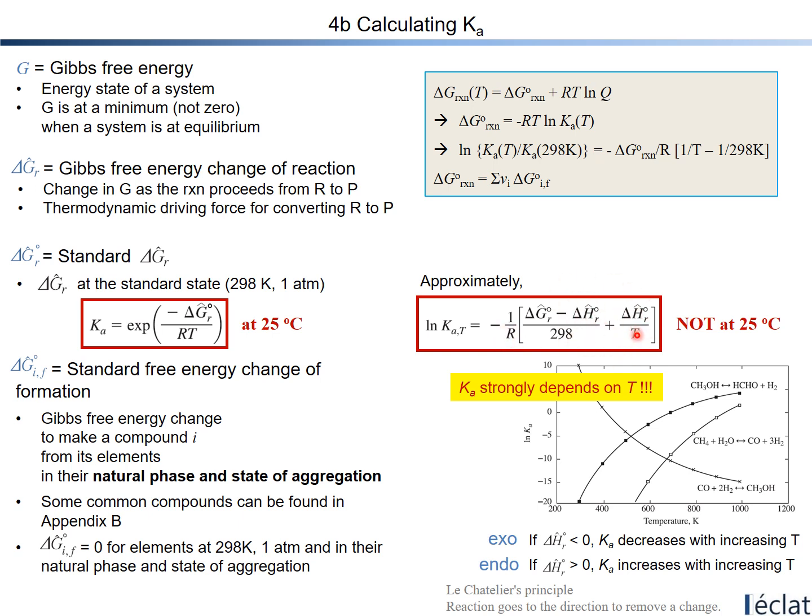The second term is the temperature dependent term, which has the standard state enthalpy of reaction per temperature. The other is the constant term, delta G, the Gibbs free energy of reaction at the standard state, minus delta H, the enthalpy of reaction at the standard state, per 298.